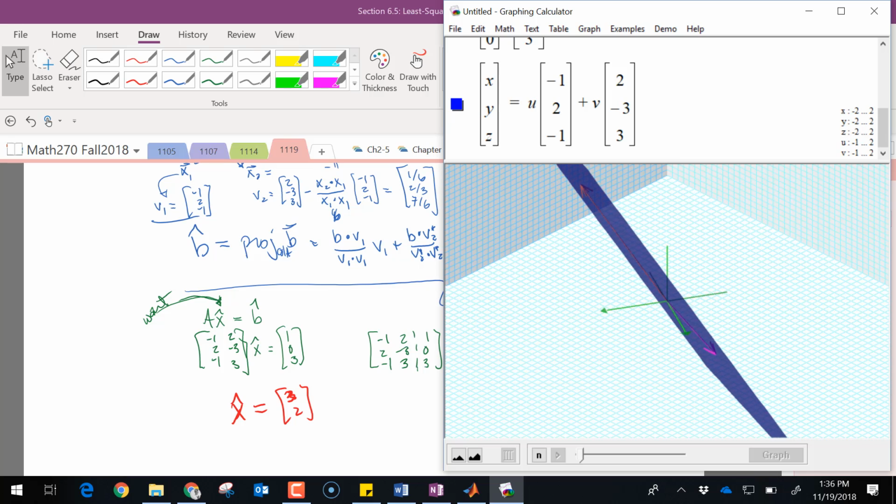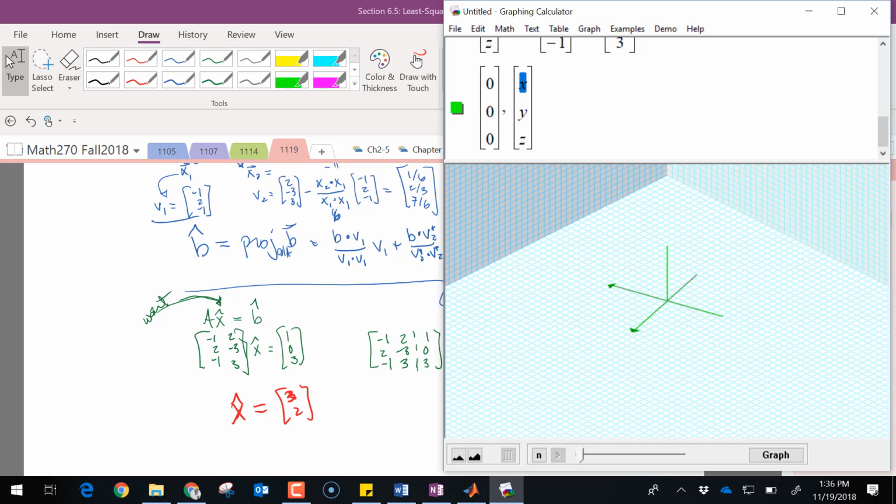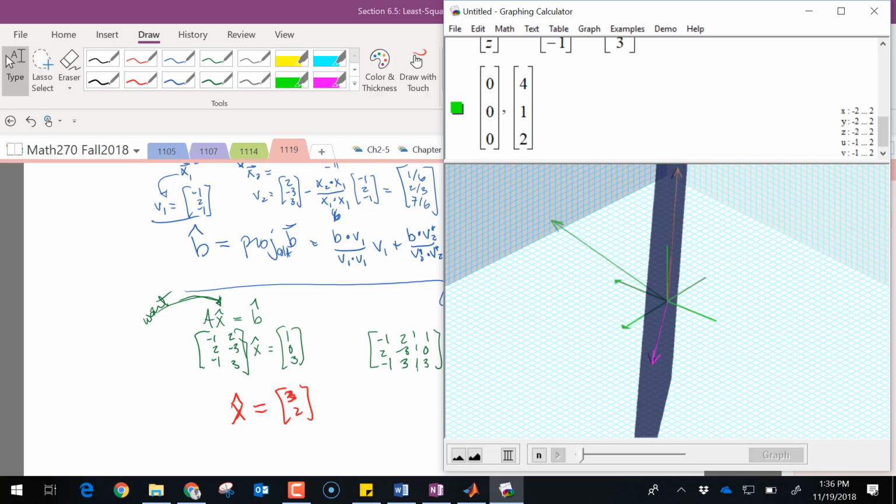Now where's vector B? Let's get vector B going here. So what was B? Anybody read it out to me so I don't have to go there? 4, 1, 2.